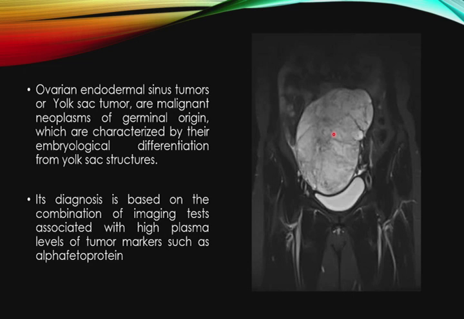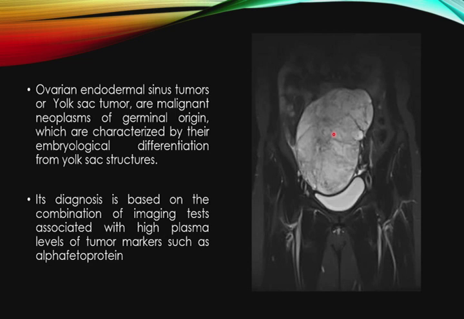yolk sac tumors are malignant neoplasms of germinal origin, which are characterized by their embryological differentiation from yolk sac structures. Its diagnosis is based on the combination of imaging tests associated with high plasma levels of tumor markers such as alpha-fetoprotein.